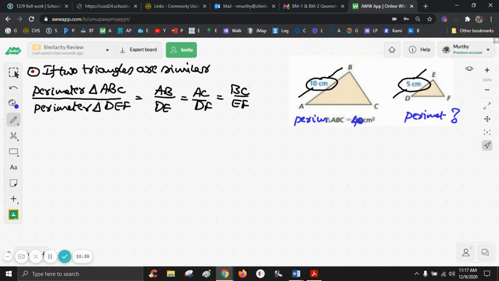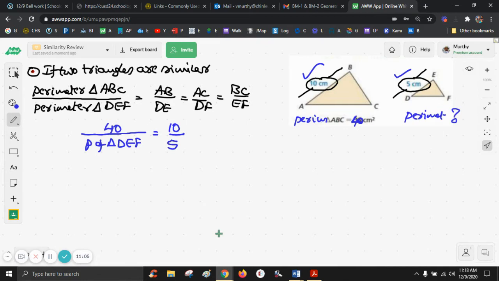Okay, but here the condition says that perimeter equals side over side. So the perimeter of the triangle is given as 40 units, and I'm writing P of the second triangle, which I don't know. And AB, you see that it is 10 units, and the corresponding side is 5.